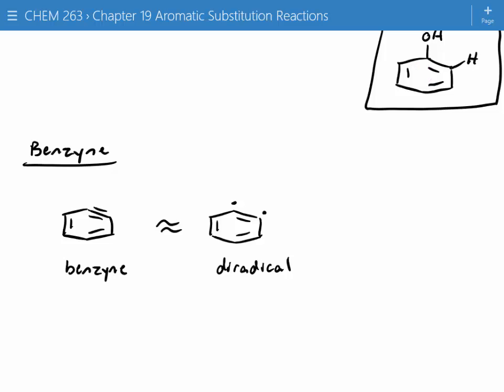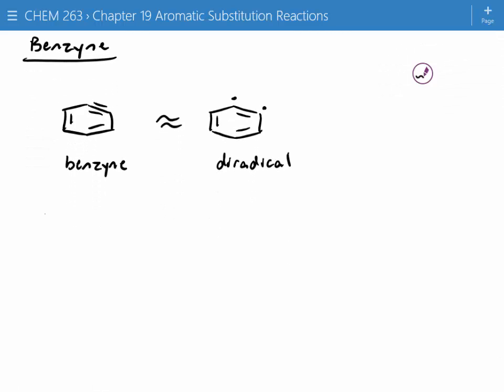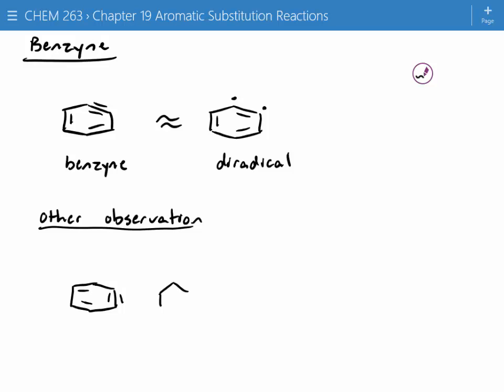The other interesting thing was you can actually intercept benzyne. And the way they intercepted benzyne was doing this sort of reaction.